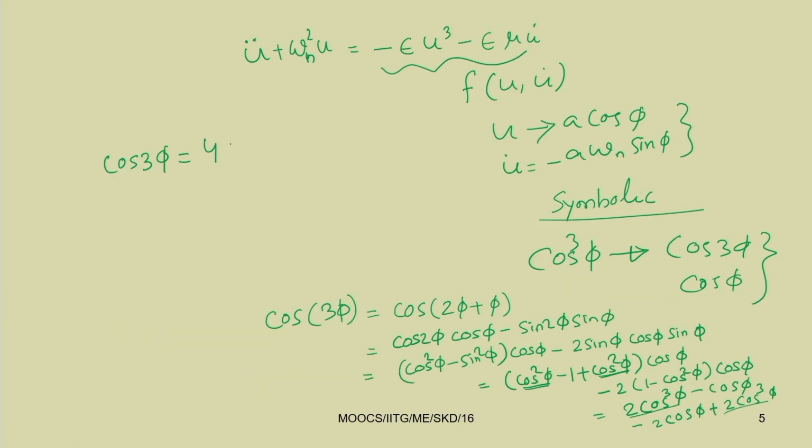So, cos 3 phi equals 4 cos cube phi minus 2 cos phi minus cos phi, that is, minus 3 cos phi.